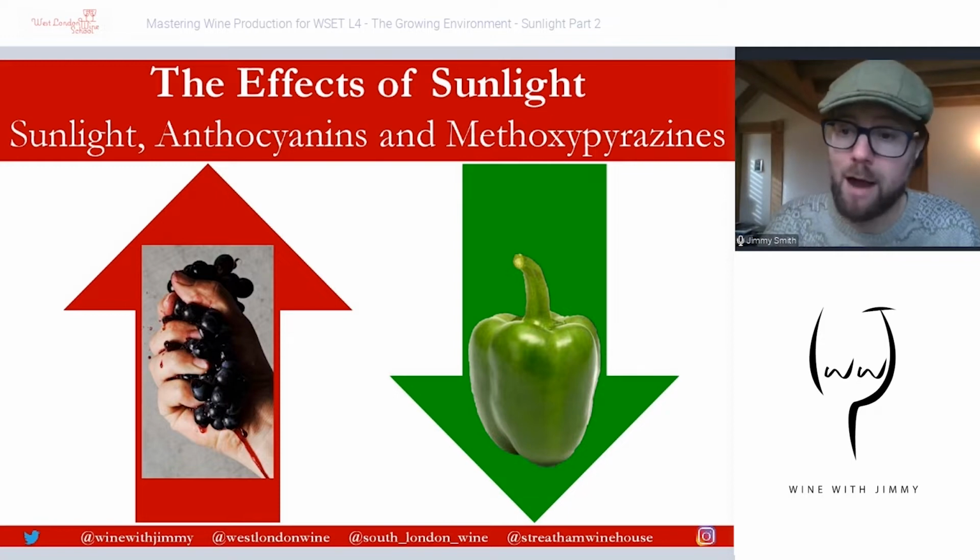So here you have an arrow going down to show you the decreasing aspect of this. So more sunlight will mean the decreasing amount of methoxypyrazines, which are these very green, peppery, asparagus-y, herbaceous, grassy characters, which are found in most grapes as an aroma precursor.